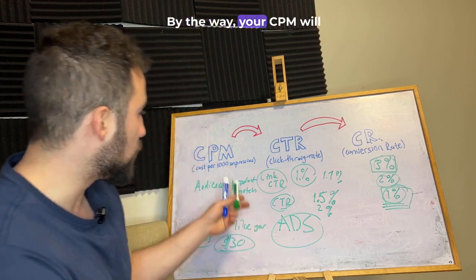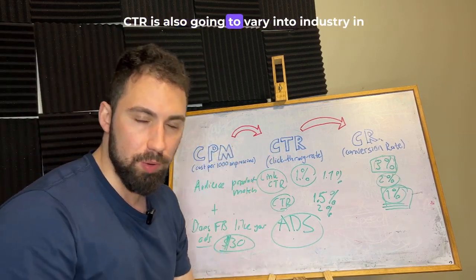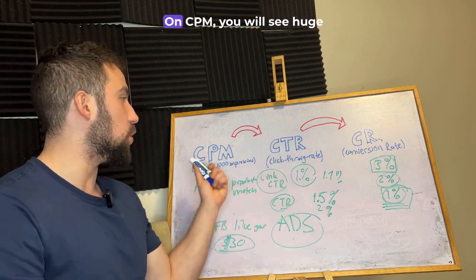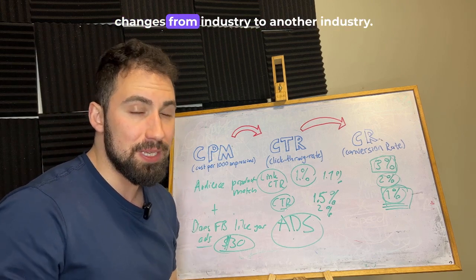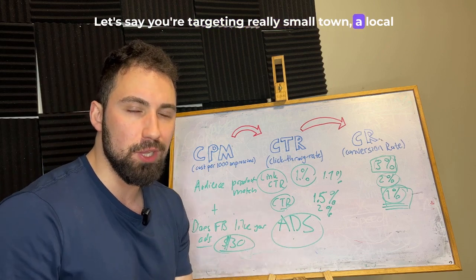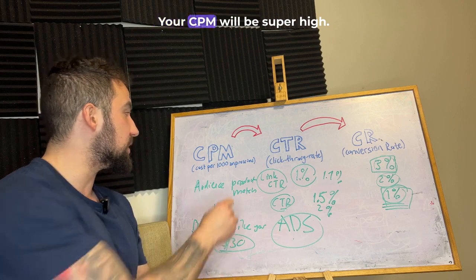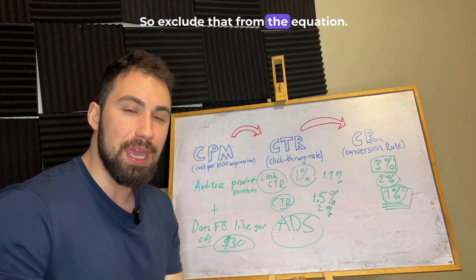Guys, by the way, your CPM will vary from industry to industry. CTR also varies by industry, but not that much. On CPM, you will see huge changes from one industry to another. Let's say you're targeting a really small town, a local business, with a radius of 10 kilometers. Your CPM will be super high, so exclude that from the equation.